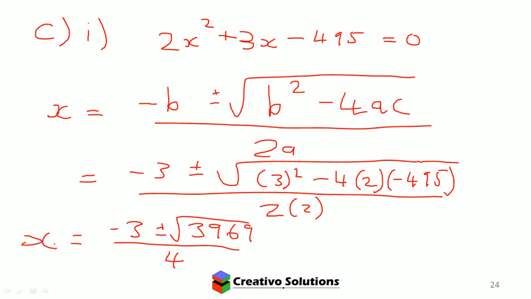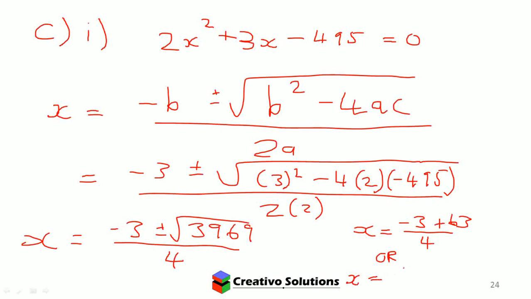That is what x would equal. So if I square root this answer of 3969, let's see what the calculator gives me. I get 63.